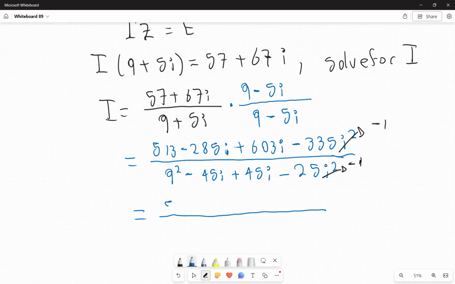Okay, so this 513, and then minus 285i plus 603i is 318i, and then plus 335. Then 9 squared is 81, the middle terms cancel, and minus 25 times negative 1 is positive 25.